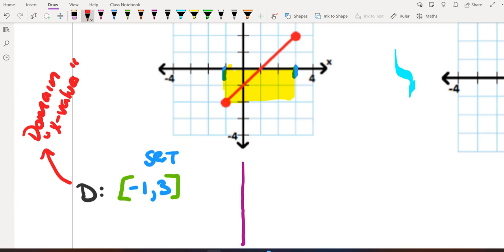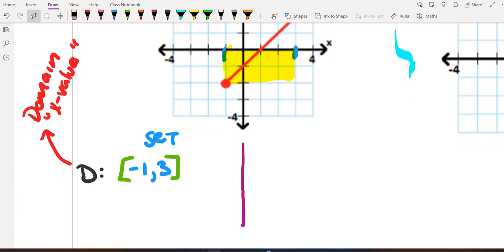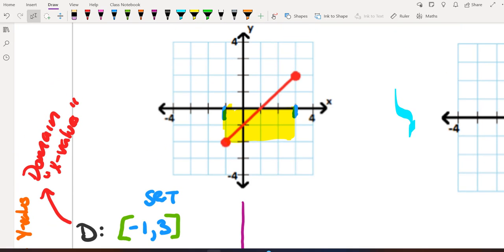Right? So now we do the same thing for range. So range, I'll use orange. Range are our y values. Right? Looking vertically. So looking in this way, these are y values. What are all of our y values?